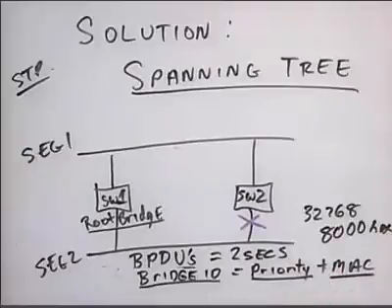If the priorities are all the same, the lowest MAC address will be selected as the root bridge. In this particular example, I'm just going to say this switch has the lowest MAC address. So therefore, this switch is elected as the root bridge. So that's our first rule of spanning tree. There's one root bridge per network.